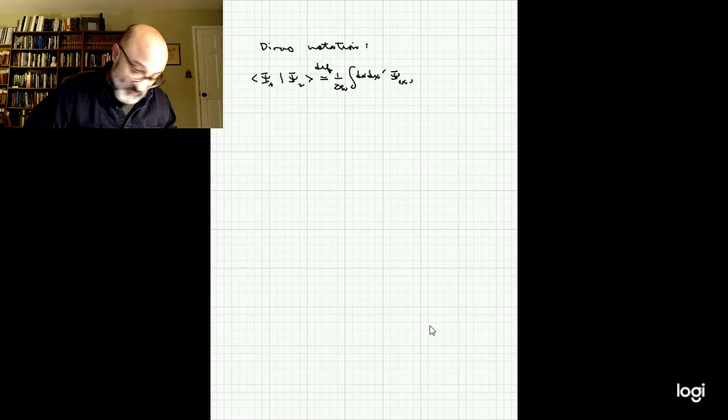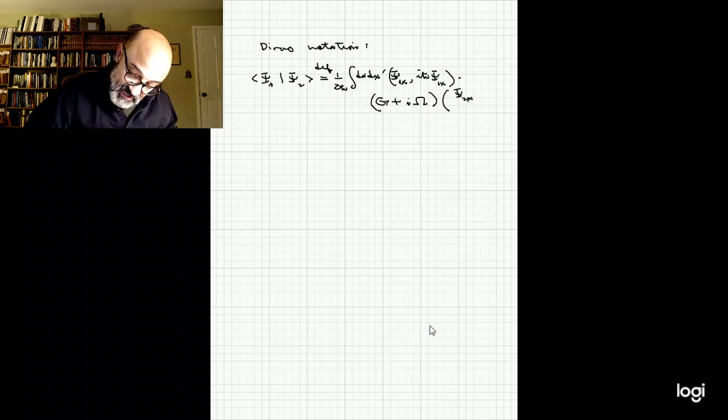Yes, psi_1(x), i h psi_1(x). Then we're going to put here the matrix of G plus i omega. And then now here we're going to have the second wave function, psi_2(x) and i h psi_2(x), with this one with primes.